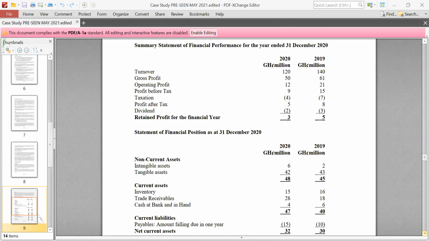A question like this has come before in the past, where they give a financial statement. Now, immediately when I see a financial statement, I won't be surprised if they ask you a question around ratios, or let you do some analysis of some form. I'll not be surprised at all.